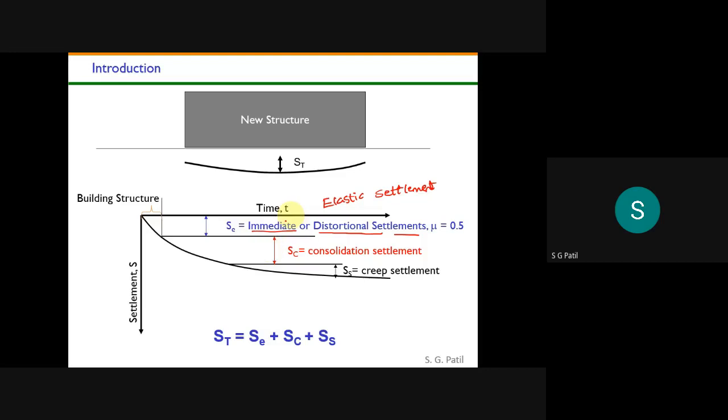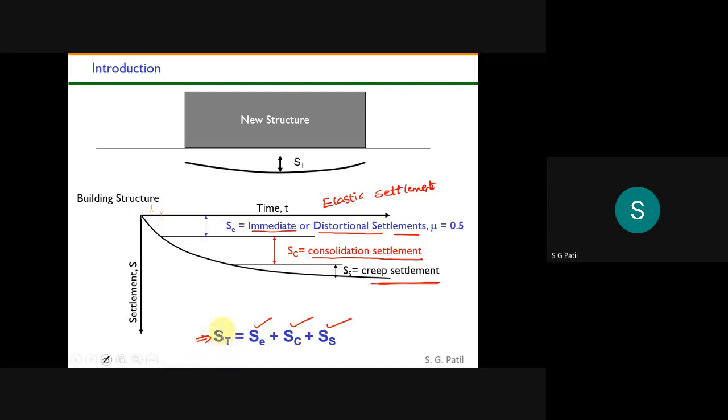The second type is the consolidation settlement, and the third type is the creep settlement. Elastic settlement, consolidation settlement, and creep settlement, all 3 together we will call the total settlement.